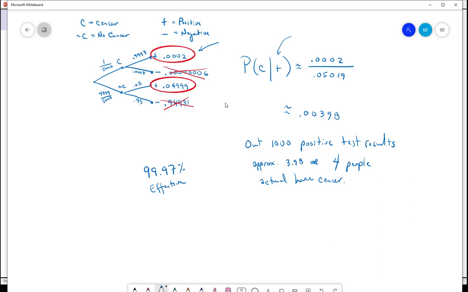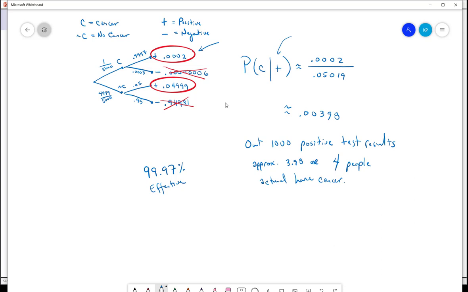And so you might say, well, what does that mean? What that means is for those women, those 1,000 women who did test positive, they're probably going to do something more intrusive than just looking at their blood. They're going to do some kind of MRI or something like that, or maybe even some kind of incision and microscopic exploration, where they could be sure whether or not they actually have the cancer.